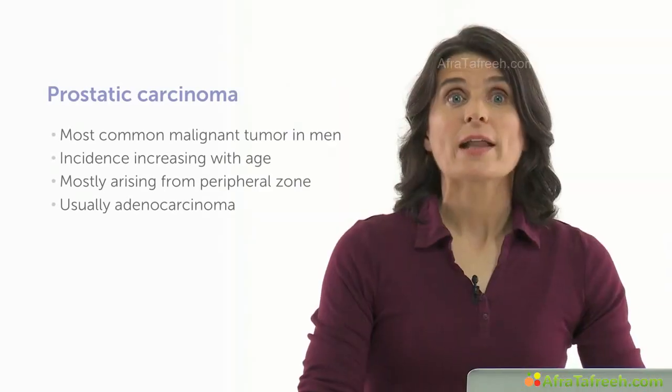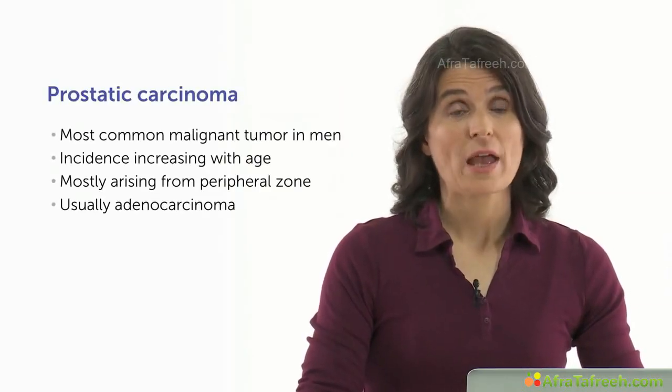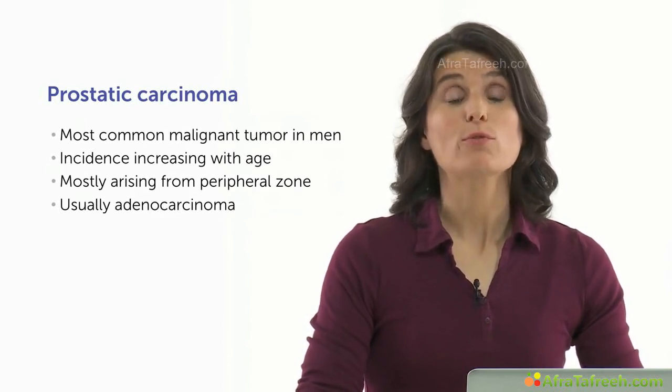The prostatic carcinoma is the most common malignant tumor of men. The likelihood to get prostatic cancer increases with age. It's uncommon in men younger than 50 years and rarely diagnosed in men younger than 40 years of age.